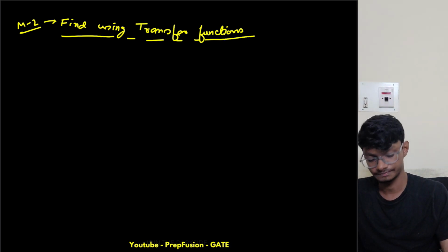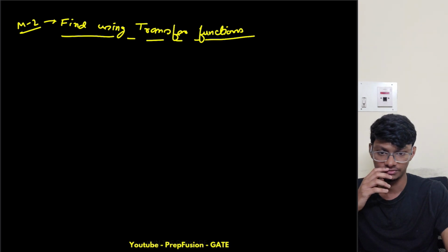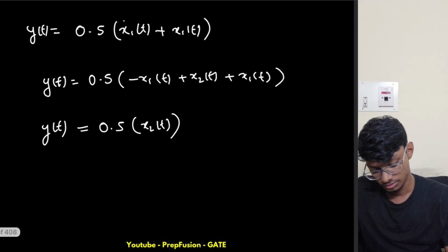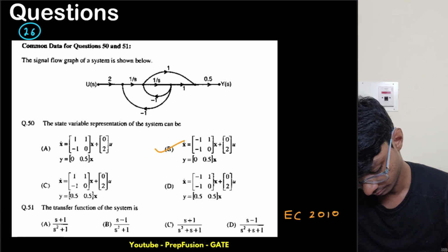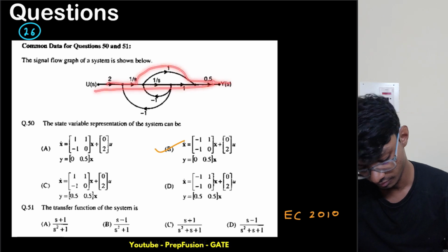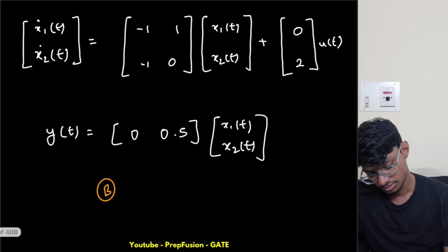Find using transfer function. So what is the transfer function basically? Let me solve for the graph. What is the number of forward paths here? I can see 1, I can see 2, from input to output. So we have two forward paths.